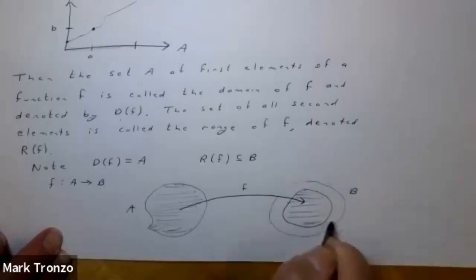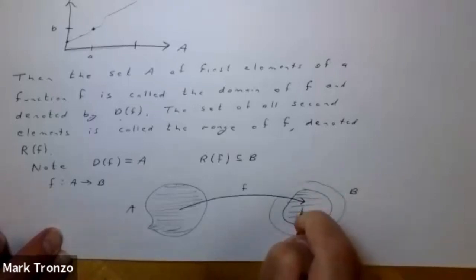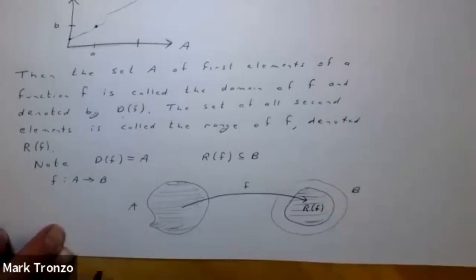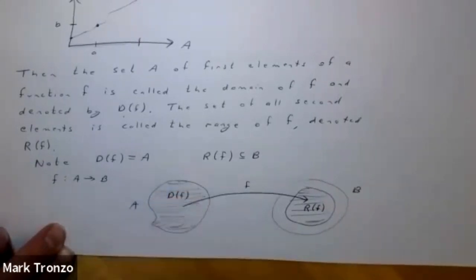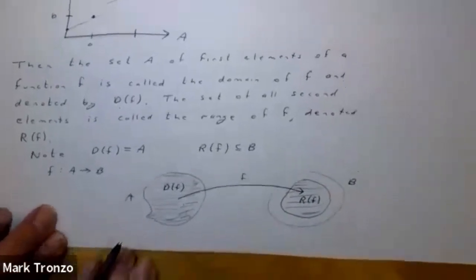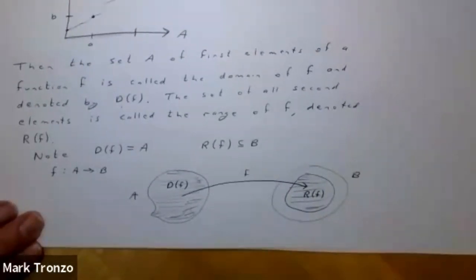So this is your whole set B, but you'll just get your range, like say your range of the function will be in here. And over here, the domain of the function. So it'll look sort of something like that.